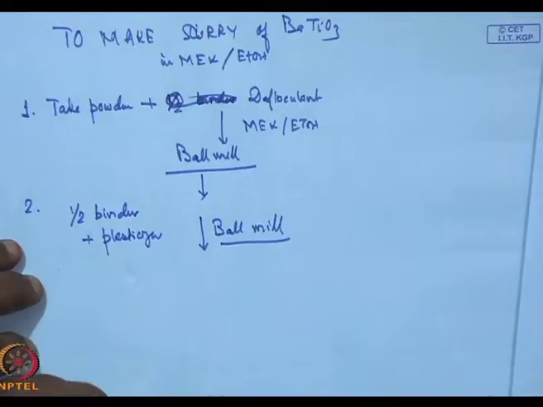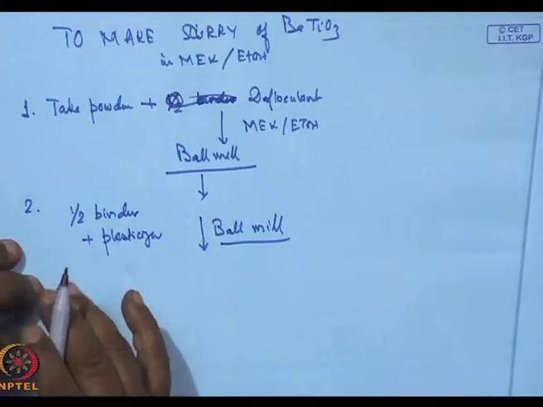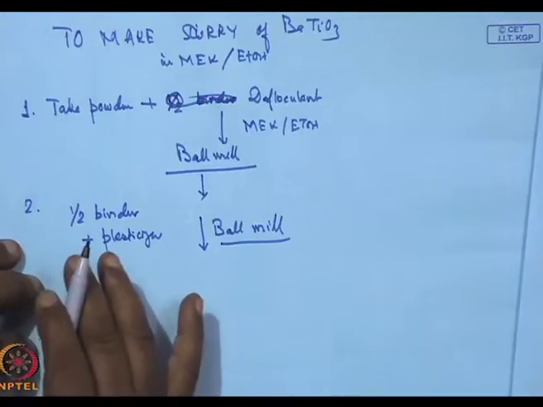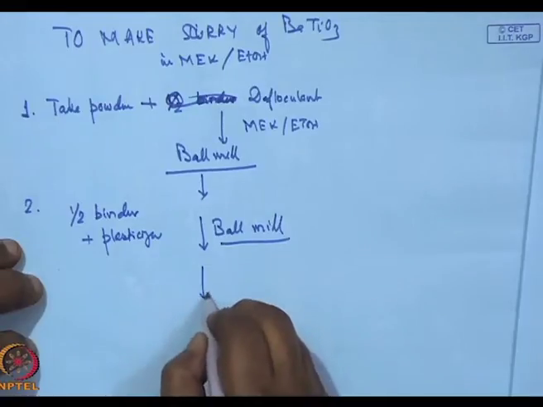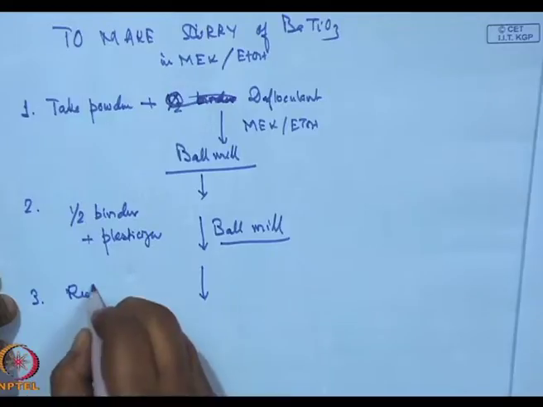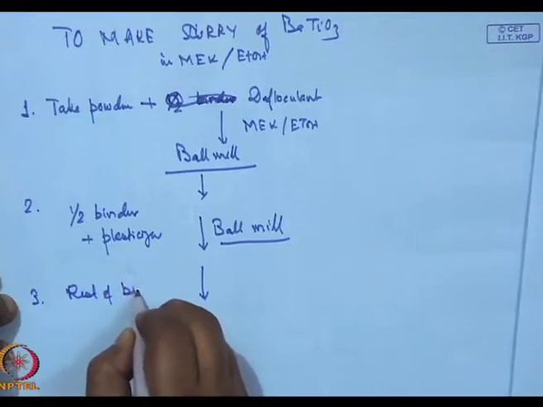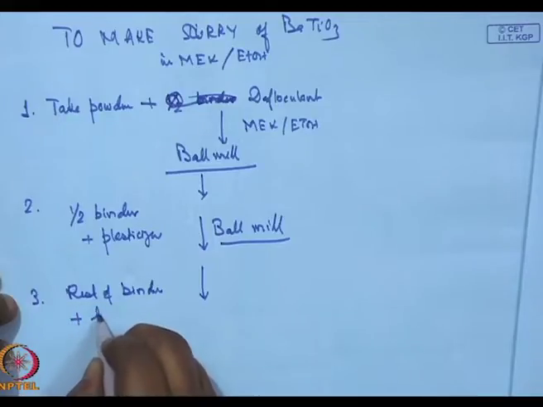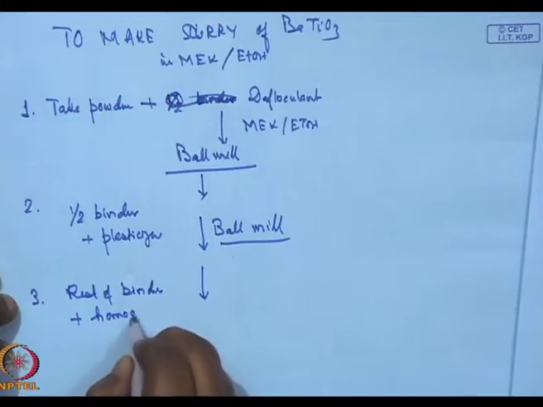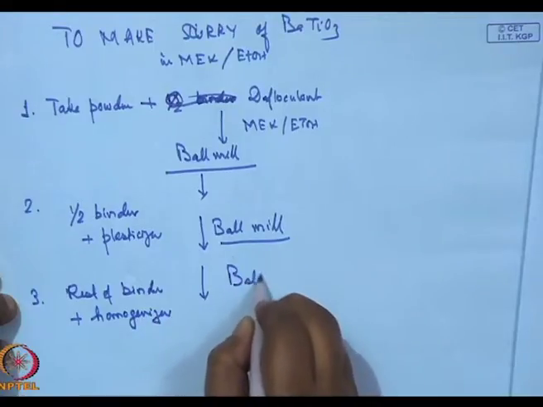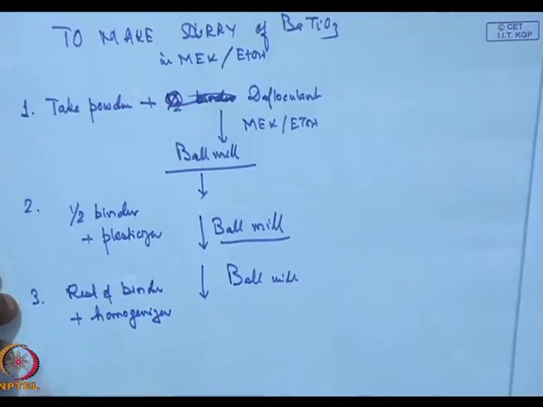This is because the binder and the plasticizer get dispersed throughout the solvent properly. In the third step, I would add the rest of the binder plus the homogenizer and ball mill all over again.